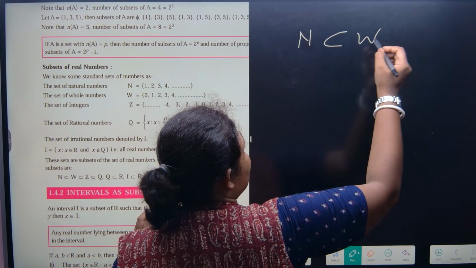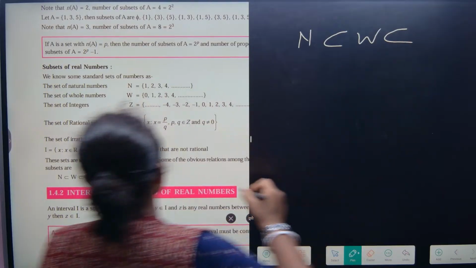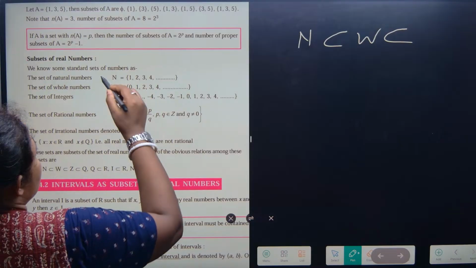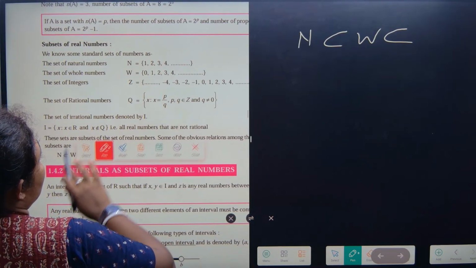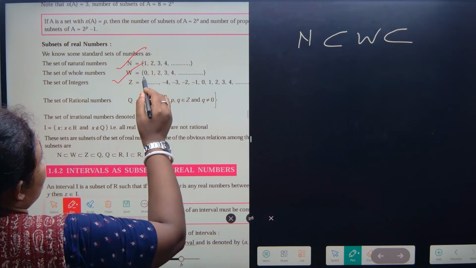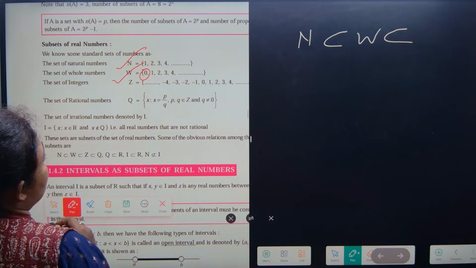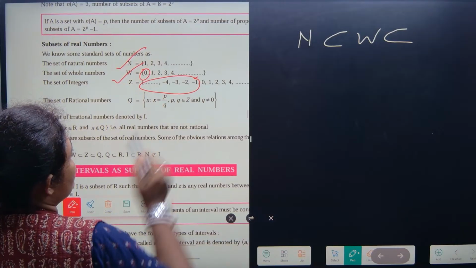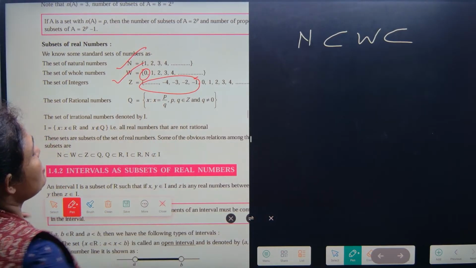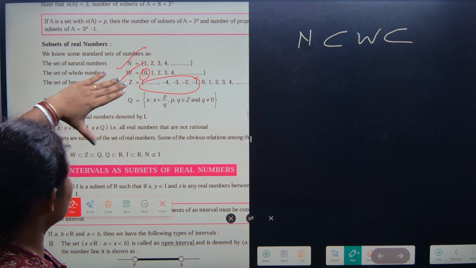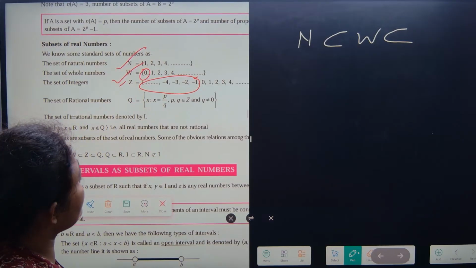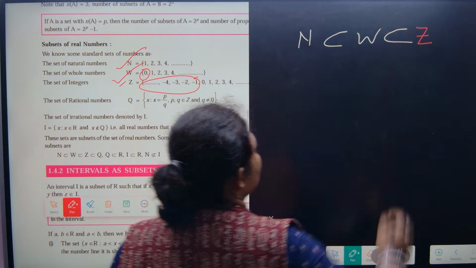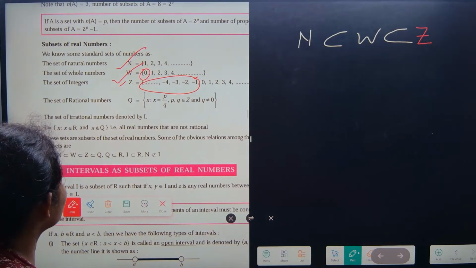And again, the whole numbers are a subset of integers, natural numbers, then whole numbers with 0 extra. In integers this portion is extra, right? So the number of elements in integers is greater than W, that means the whole numbers, so Z.